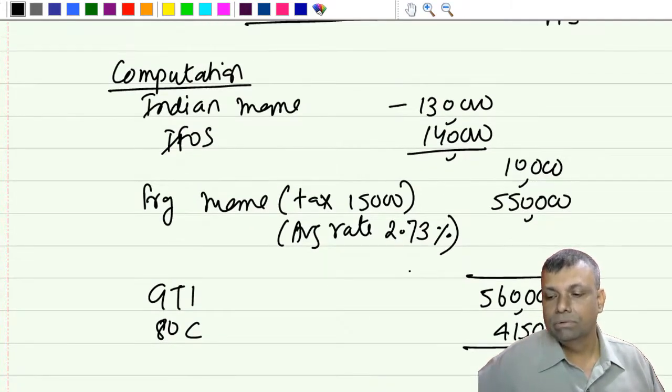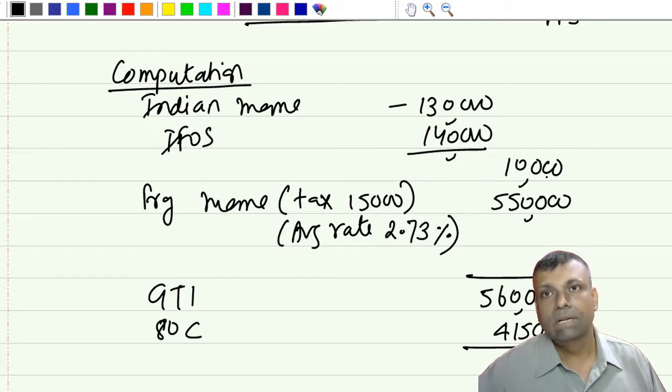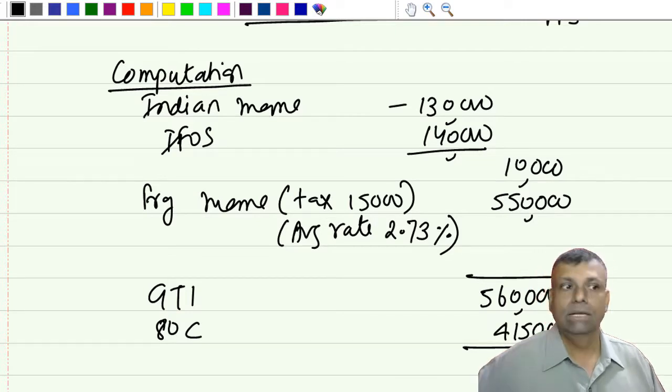Now, conceptually, if you see, Indian income is only 10,000. So ATC against Indian income maximum can be only 10,000. So the extra 31,500 is logically going against your foreign income. So foreign income which is taxed in India after deduction will be a different figure. That will be 5,50,000 minus the ATC deduction.